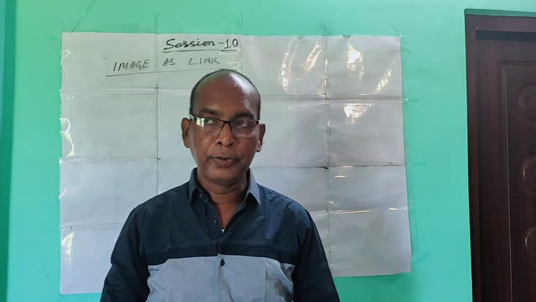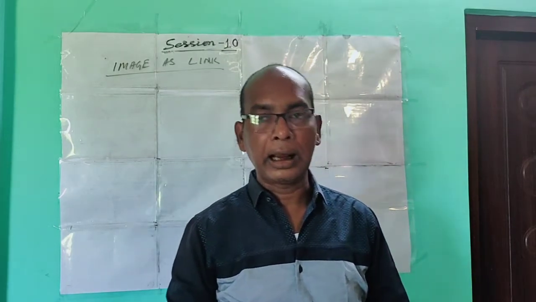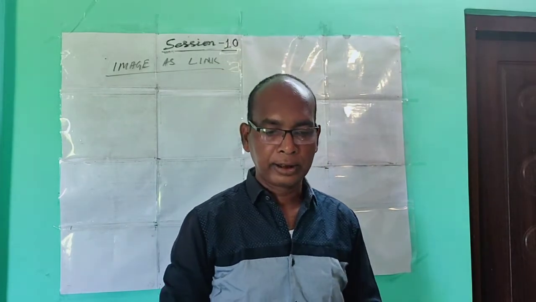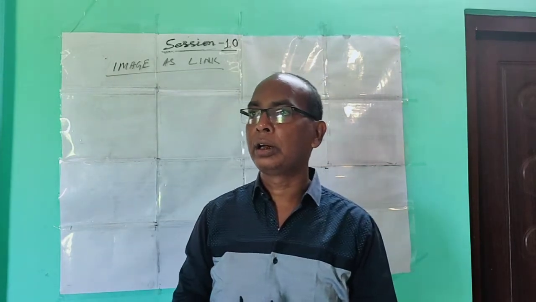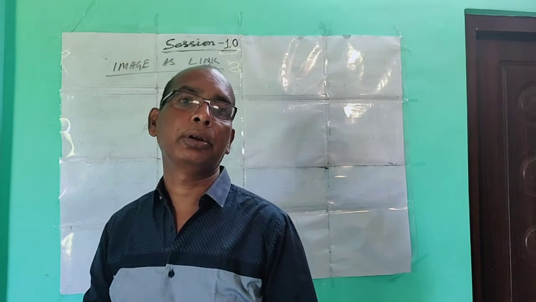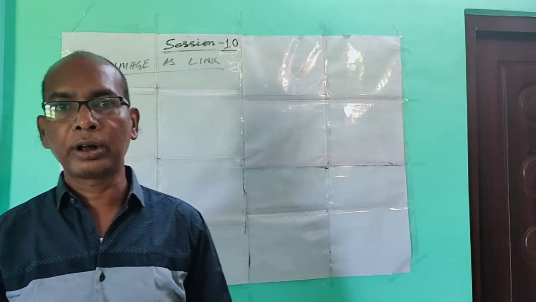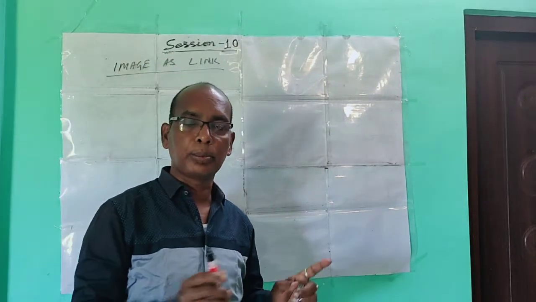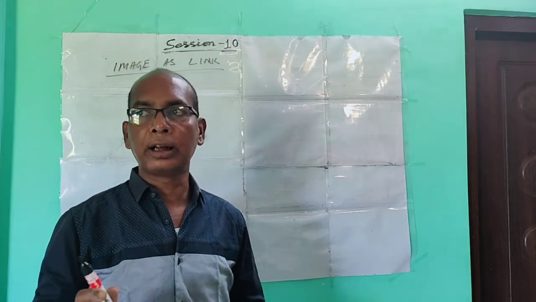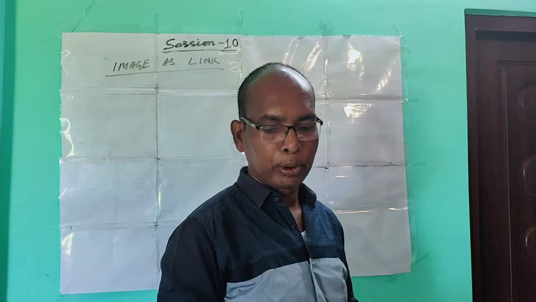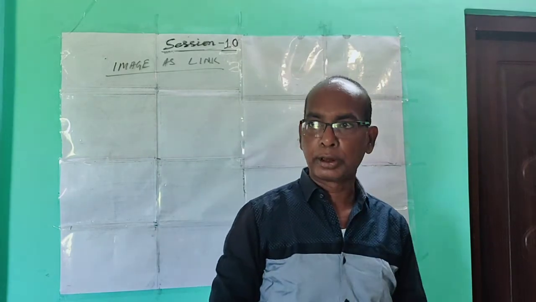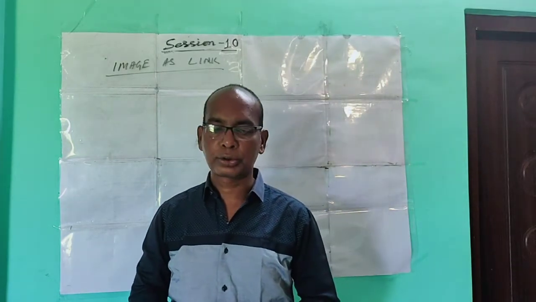If you do not enter a border setting, then a small border around the image will appear. So if you want the border, then there is no need to give anything with the border value. If you want that no border will appear with the image, then you have to give border equals to 0. The attribute is border equals to 0.